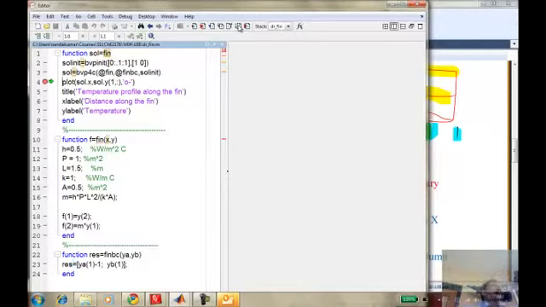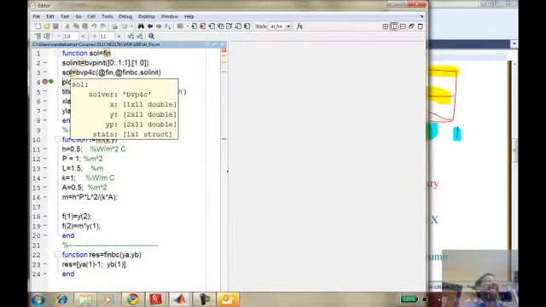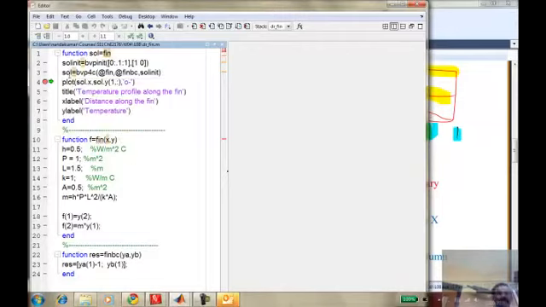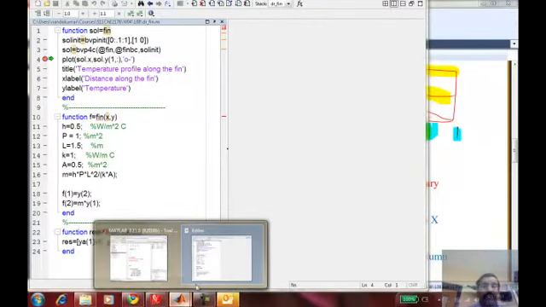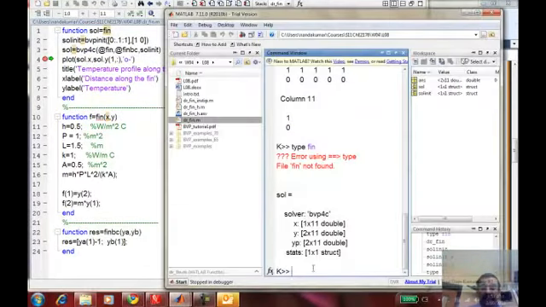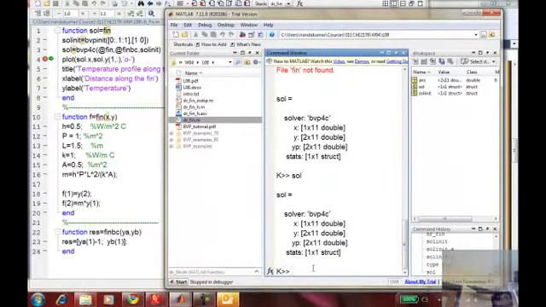So I have gotten the solution from BVP4C for this particular problem. Where is the solution saved? It's saved in SOL. SOL is a structure. If I go to the workspace and ask what is SOL, it will say it is a structure. A structure simply means many arrays packed into one variable.